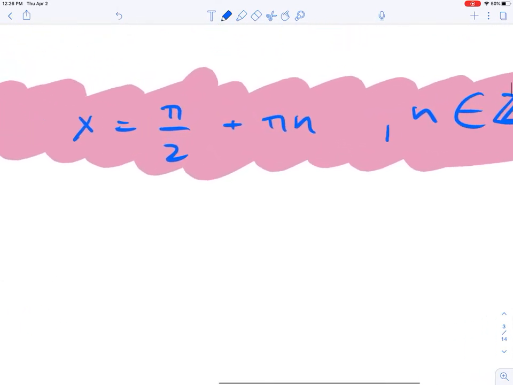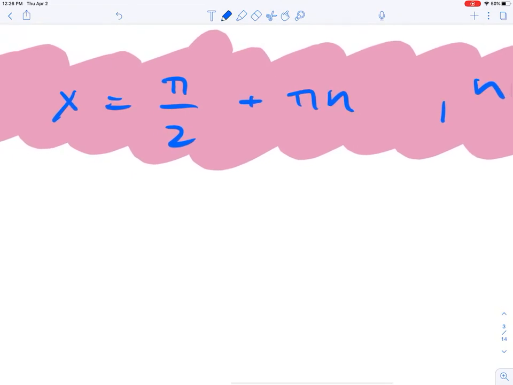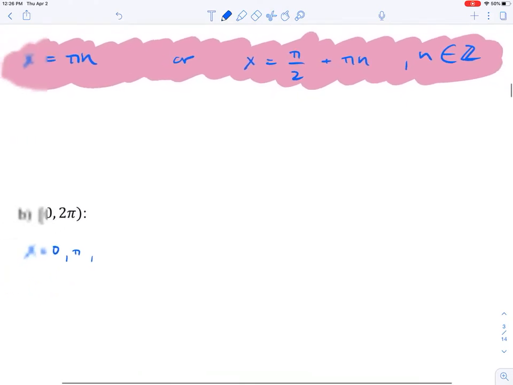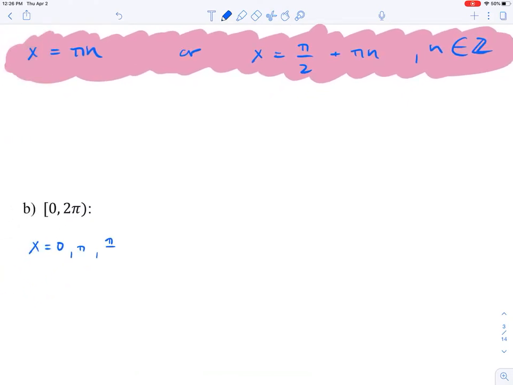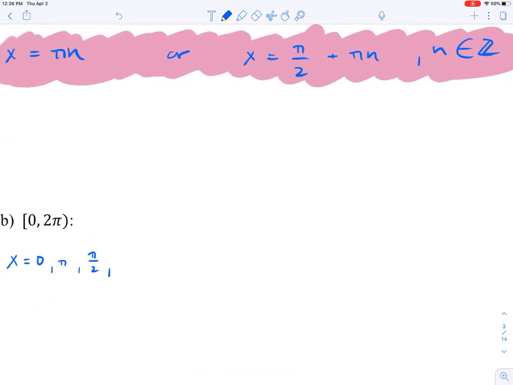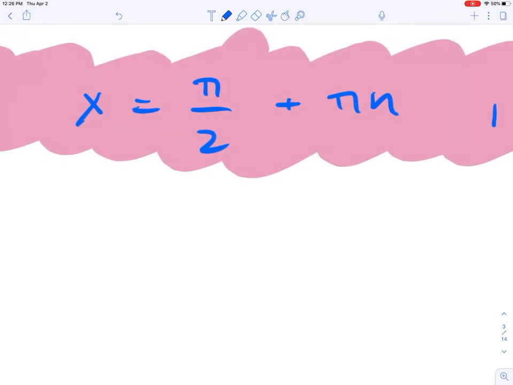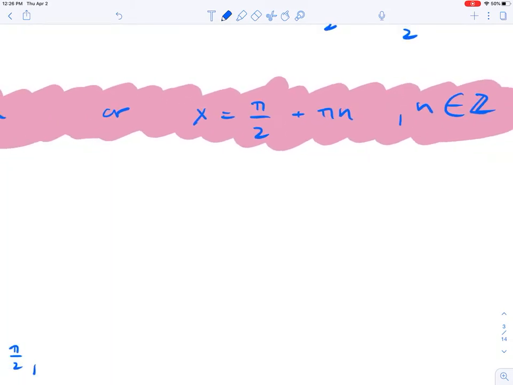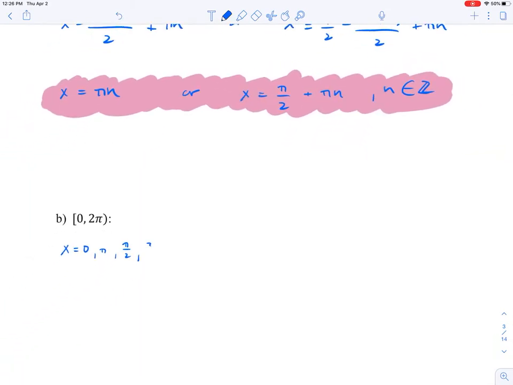So now I'll go over to this equation. I go, okay, well, if n were equal to 0, x would be equal to pi over 2. If n were equal to 1, pi over 2 plus pi is 3 pi over 2. 3 pi over 2 is on that interval.